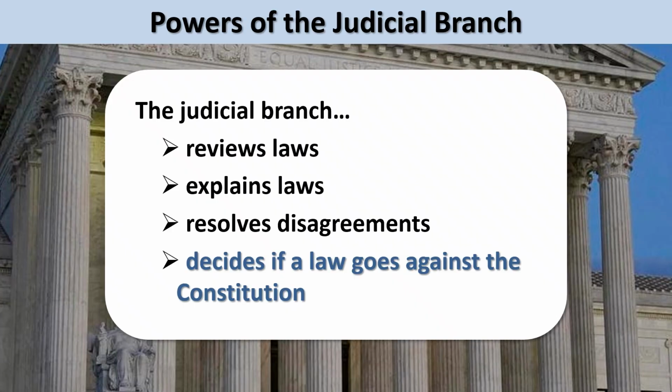The highest court of the land, the Supreme Court, has been called on to resolve many disagreements about whether a law is constitutional or not. Sometimes decisions made by the Supreme Court have been popular with politicians and members of the American public alike. At other times, Supreme Court decisions have been very controversial and continue to be discussed and debated to this day.